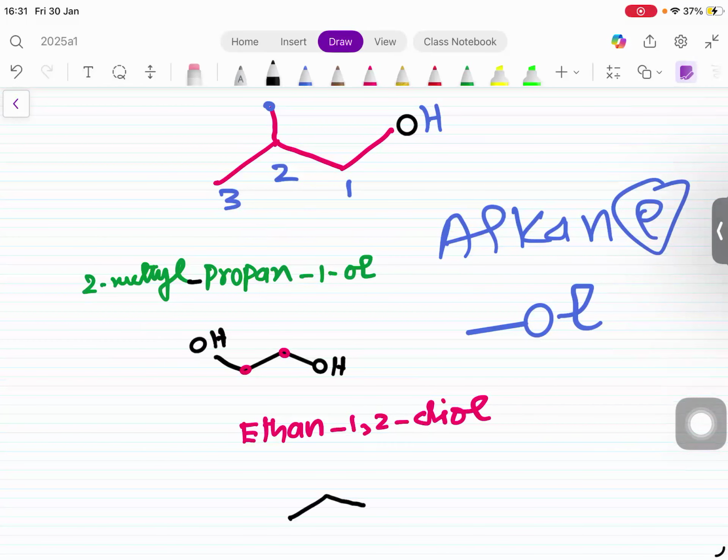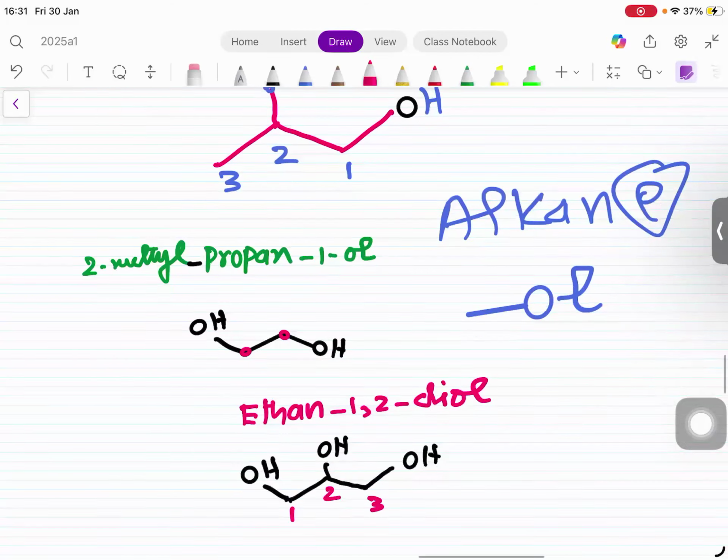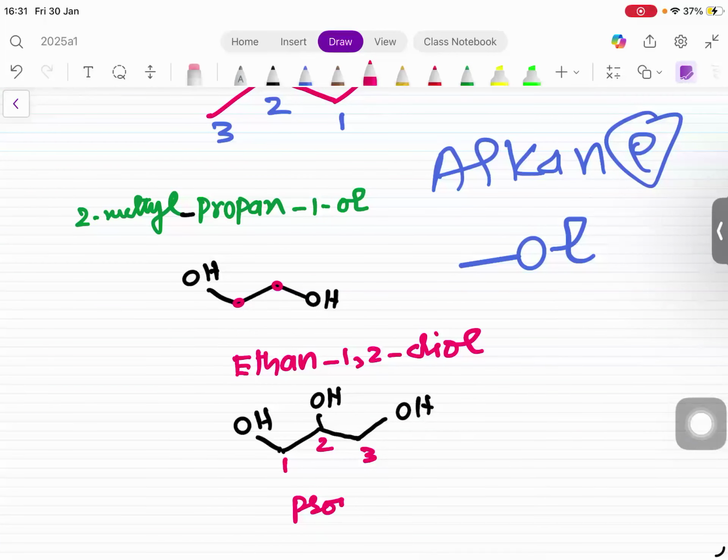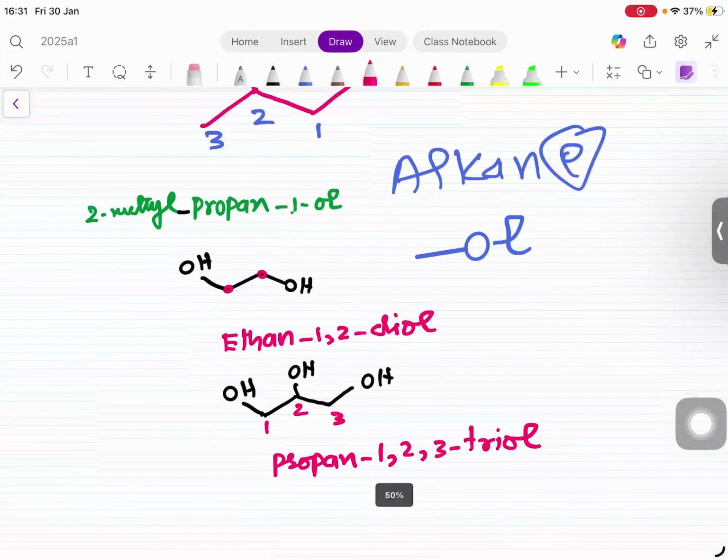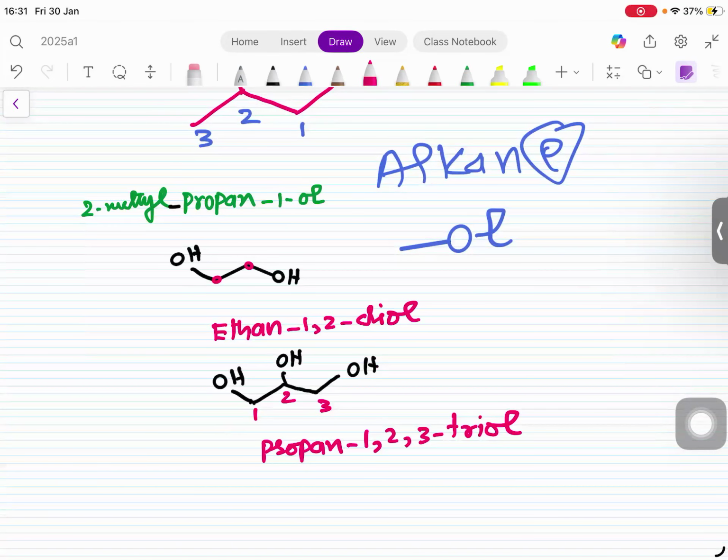What about this? What is the name of this? Propane 1, 2, 3 triol. The bio people also call this glycerol. Propane 1, 2, 3 triol, the glycerol.